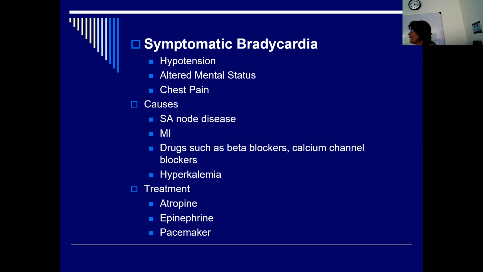It can be fed by the right coronary artery or by the circumflex artery. But what if that artery gets blocked? Is that going to cause the SA node to not function correctly? And the answer is yes. So when it says SA node disease, lack of blood flow to the SA node will cause a malfunctioning SA node.